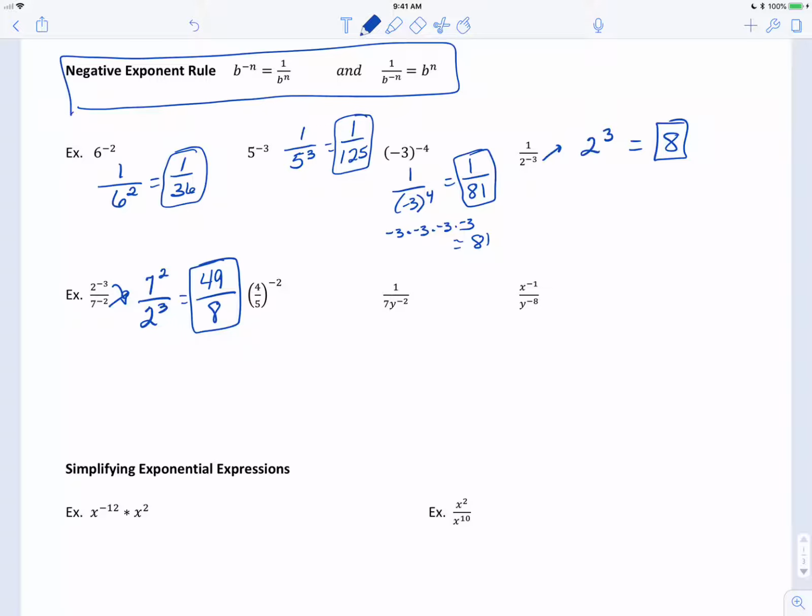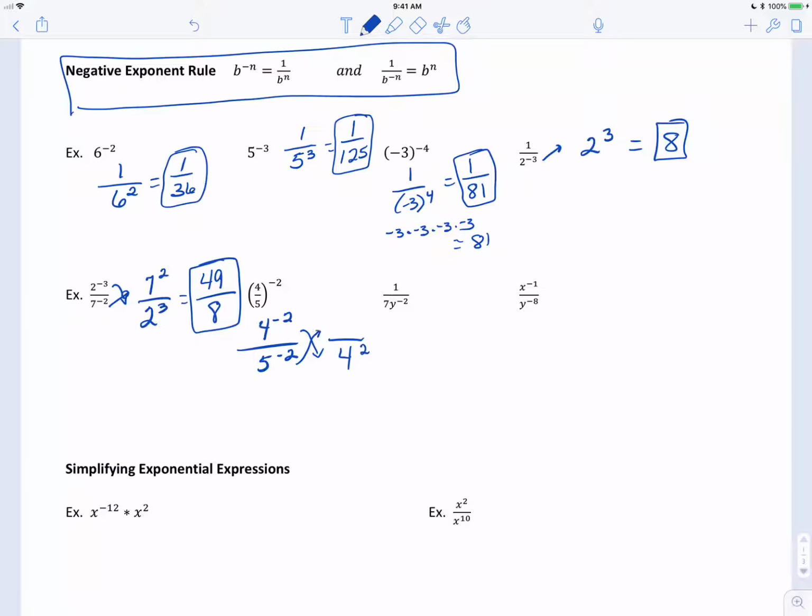Okay, but here's a little shortcut. So if you've got 4 over 5 and it's raised to the negative 2 power, remember that our other exponent rule says that anything inside those parentheses is raised to that power. So that means 4 is raised to a negative 2 power and 5 is raised to a negative 2 power. Well, we know that we've got to push the 4 down to the bottom to become positive.